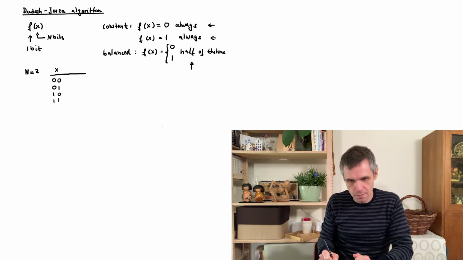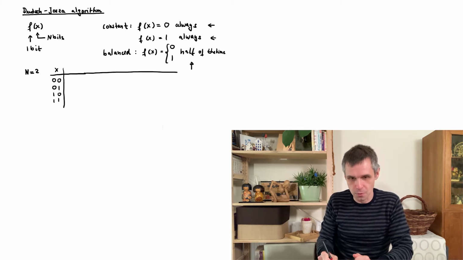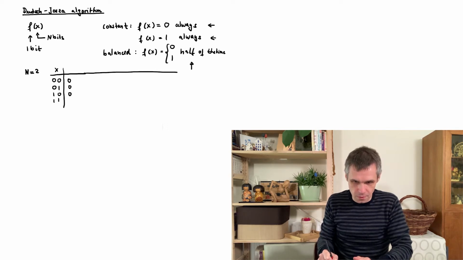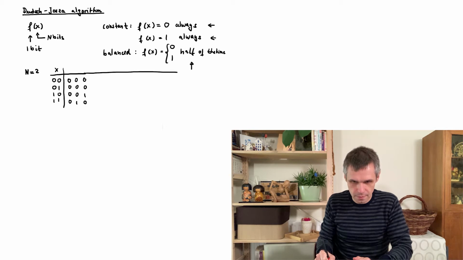So these are the possible inputs. And now we have plenty of functions depending on the combinations of the outputs. For instance, the output could always be 0, and this is of course one example of a constant function, but it also could follow this pattern here, or this pattern, or this pattern, or this pattern, and then we can just continue.